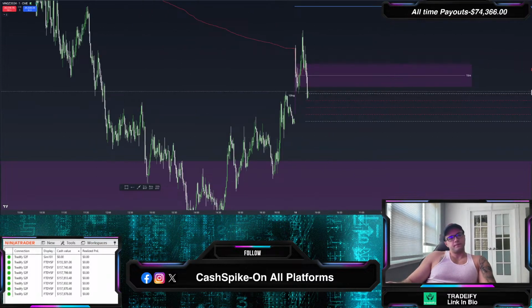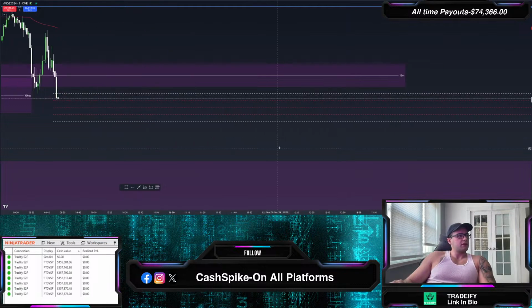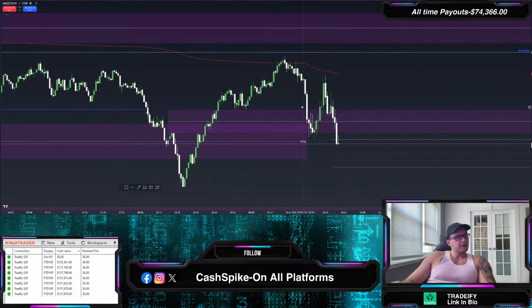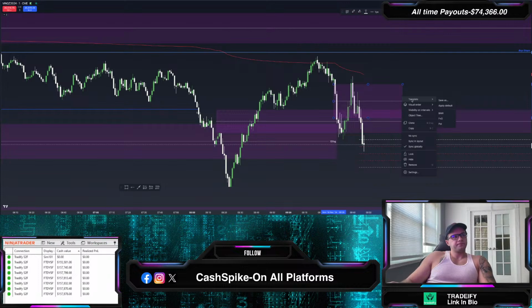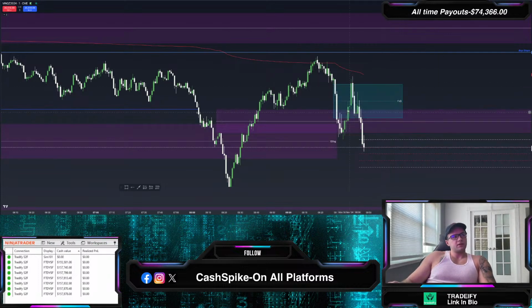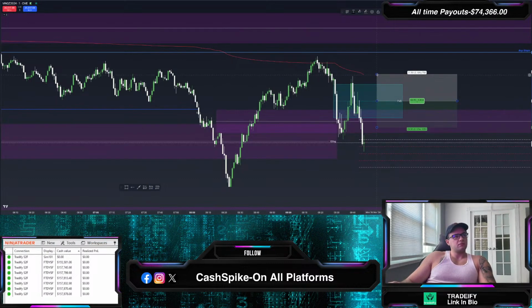So that could have been, let me see if there was an entry. At the first fair value gap up over here, price really didn't inverse down. You could have taken a sell from this fair value gap, probably something like this, maybe 50%.